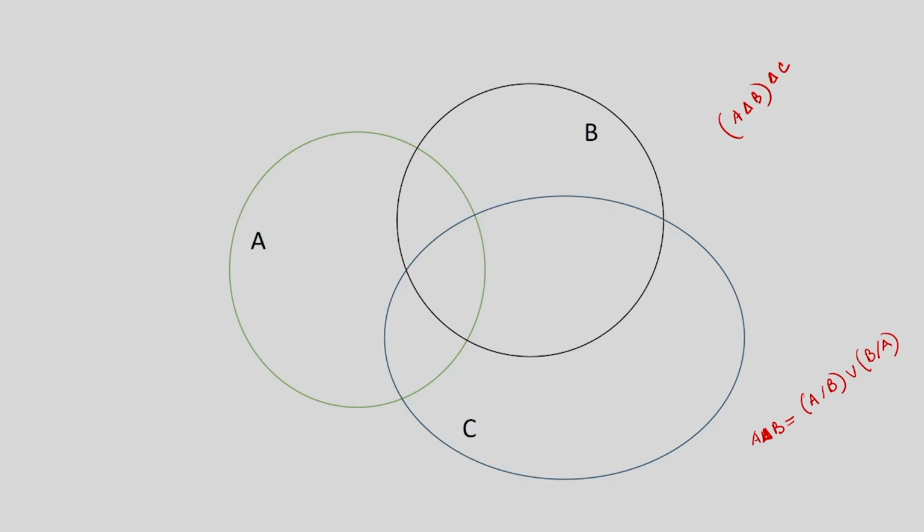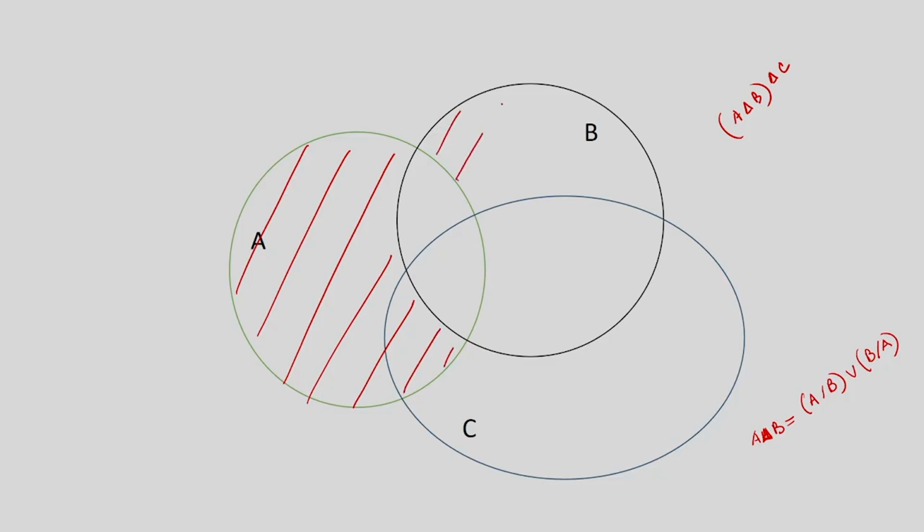Okay. So, that is what we have to show. First, let us try to find out this region A delta B and outside the brackets delta C. A delta B actually we have already found out, it was this region. This was A delta B.